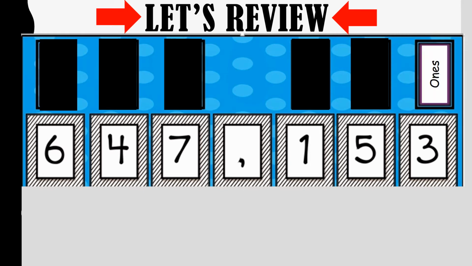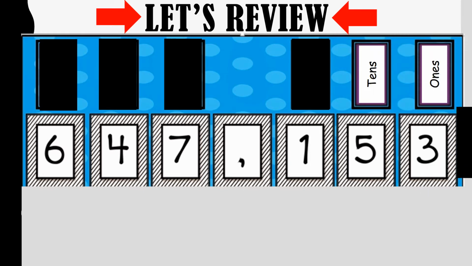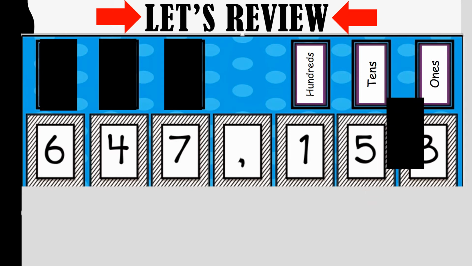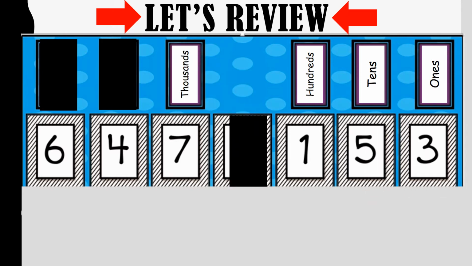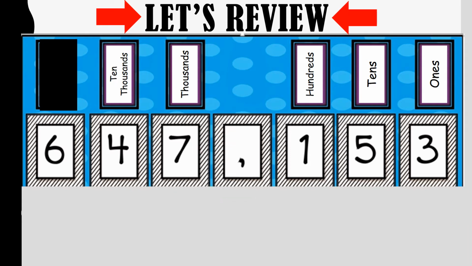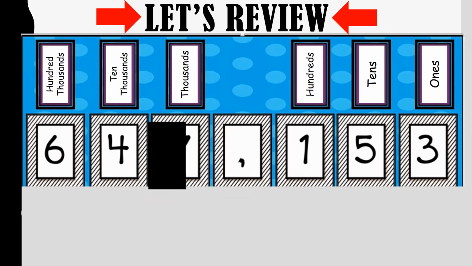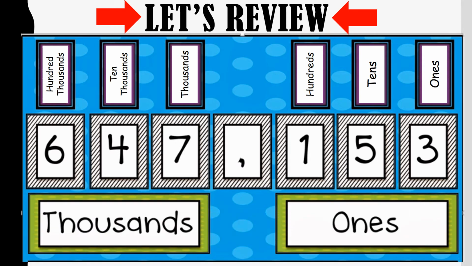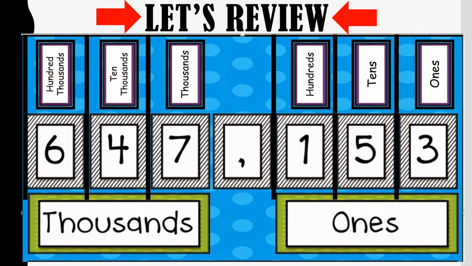We have the ones, the tens, the hundreds, the thousands, the 10,000s, and the 100,000s. Oftentimes, we can separate this out into two sides, the ones side and the thousands side. I like to, when I add or subtract, add lines such as this to keep my place value organized.